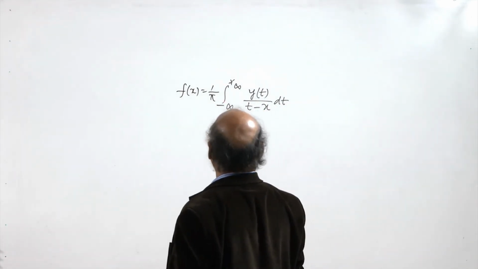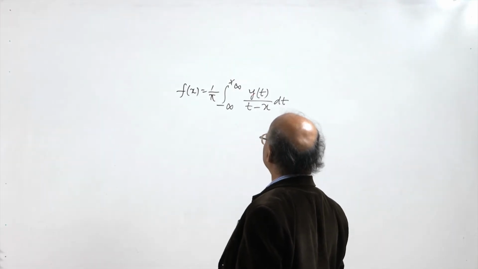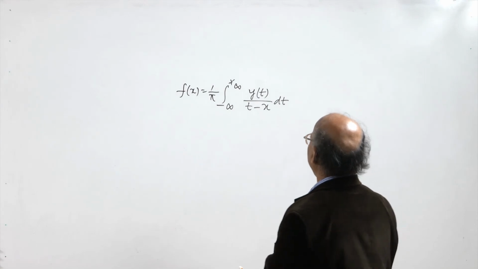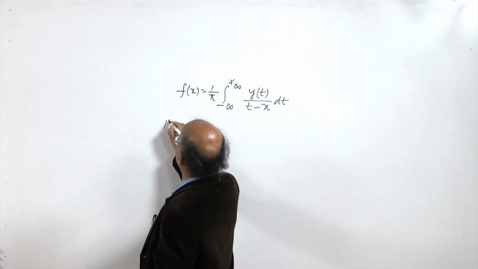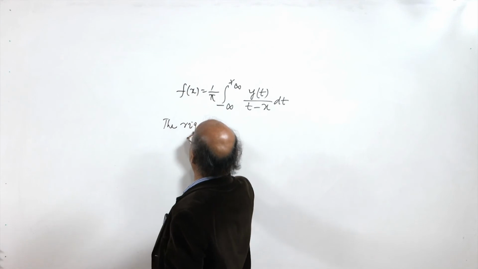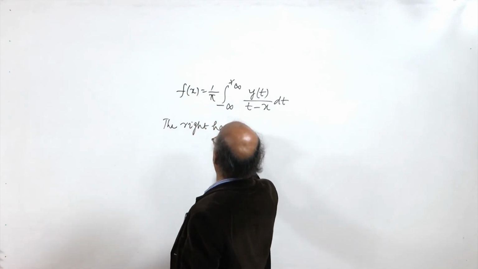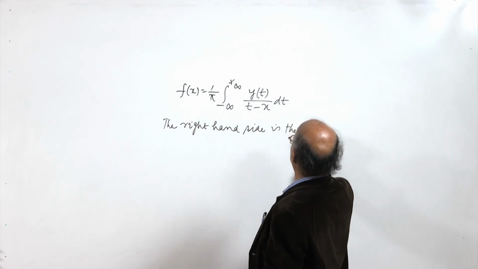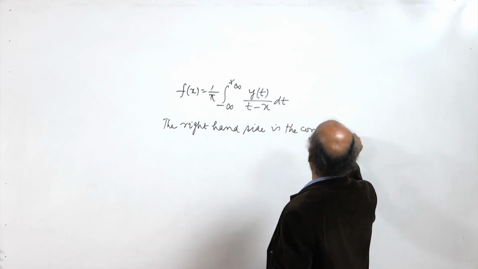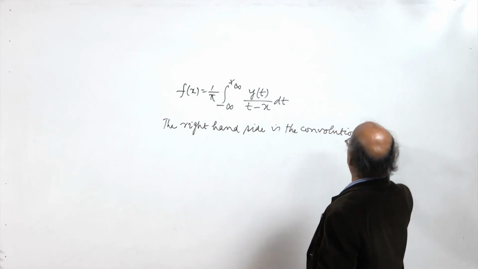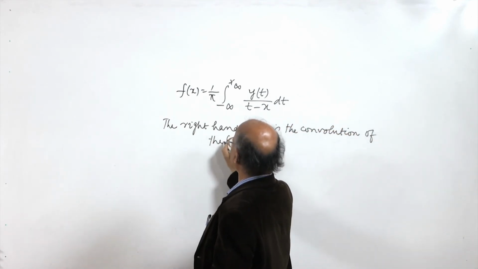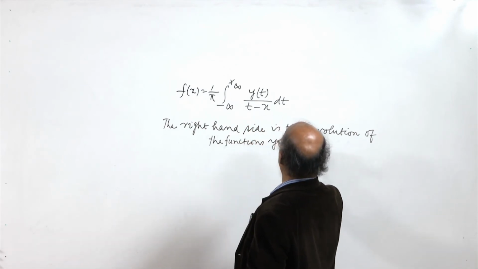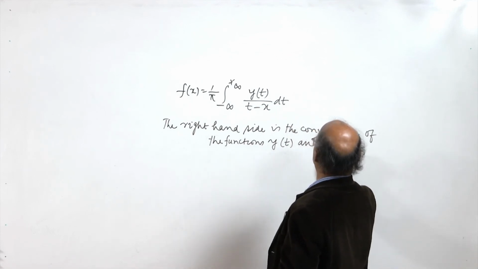This is nothing but the right hand side being the convolution of the function phi(t) with the function 1 over pi t.